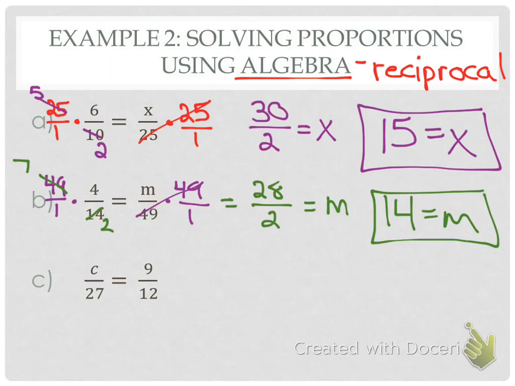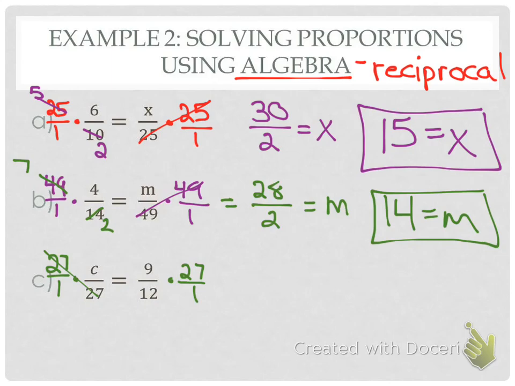All right, I want you to do C on your own. All right, so what do you need to multiply both sides by to solve? 27. Very good. You need to multiply both sides by 27 because you're solving for C. Whatever side that variable's on, that's the reciprocal you multiply. Raise your hand if you did that. Did you multiply by 27? Good. Okay. Now we multiply the other side by 27. Can we cross-reduce?